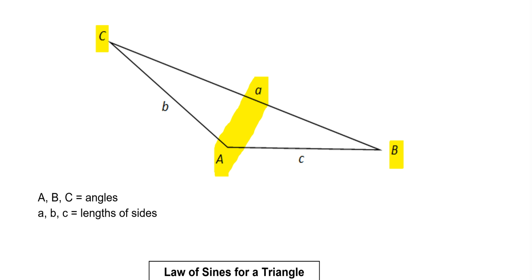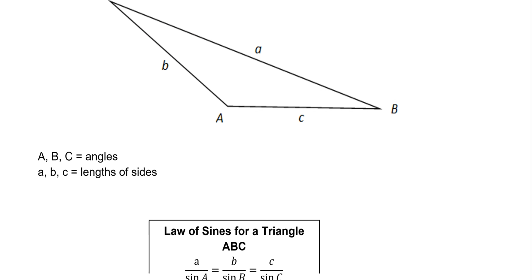For example, here we have angle A, and the side across from it is side a. Then we have angle C; the side across from it, that it opens up to, is side c. Angle B opens up to side b. Make sure you keep that in mind because that's always true for these oblique triangles.